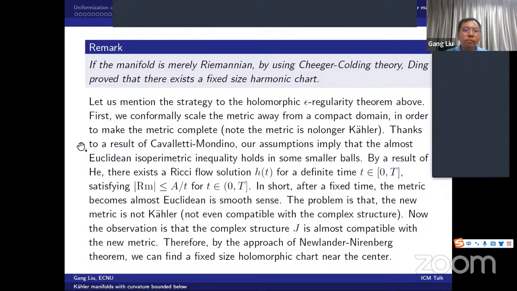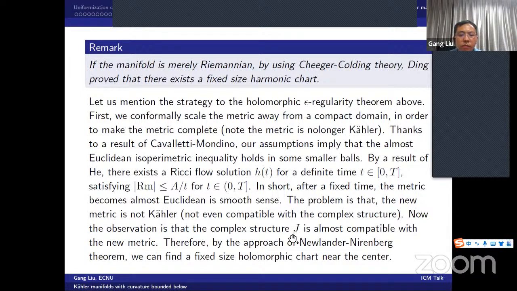Okay, so let us mention the strategy for the holomorphic regularity. Basically, we need to run the Ricci flow. So actually, the new metric is not necessarily Kähler. But now the point is that we obtain a metric which is almost compatible with the complex structure.